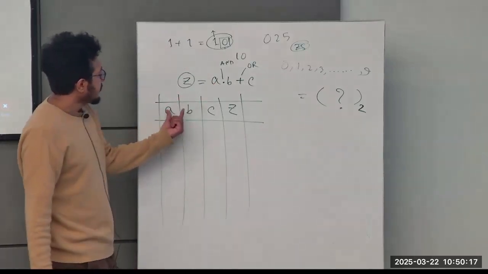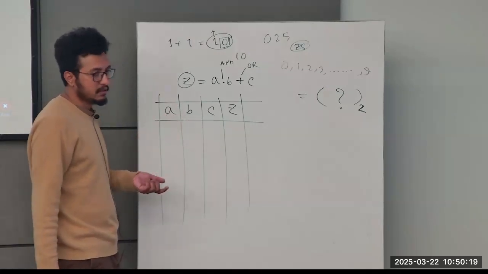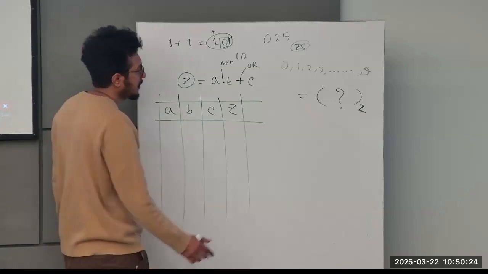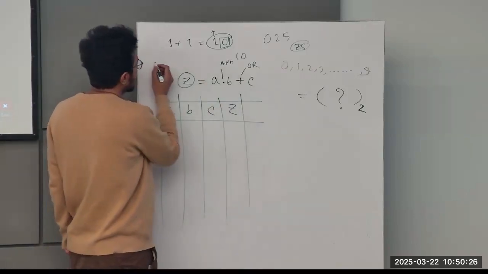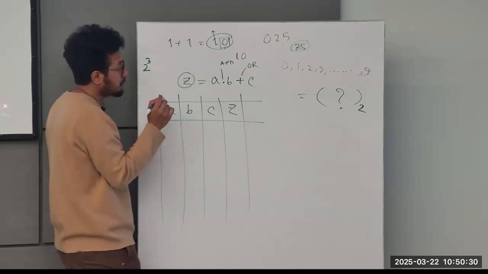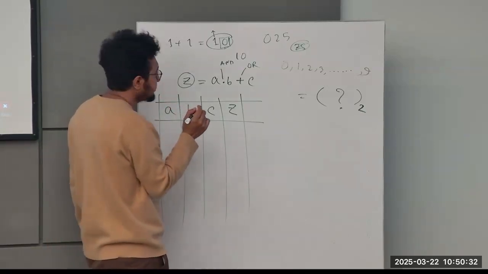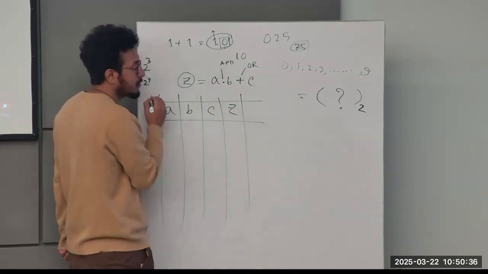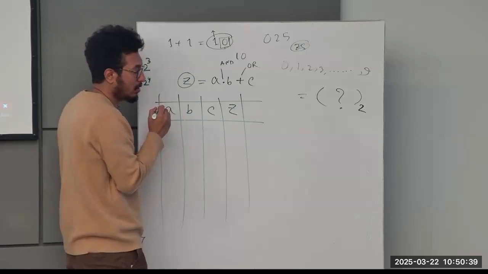Since there are 3 inputs, how many possible combinations of input can we have? We have 3 inputs, so we can have 2 to the power 3 combinations possible. If we had 4 inputs, we would have 2 to the power 4 combinations of input.